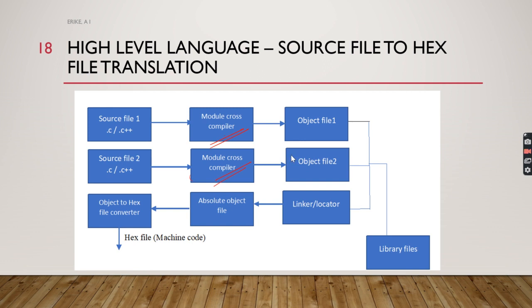So what we are saying is that this cross compiler will have the knowledge of the target machine or controller machine code. It has the knowledge of it. So it converts the high level language code that you wrote into the specific target controller machine code.